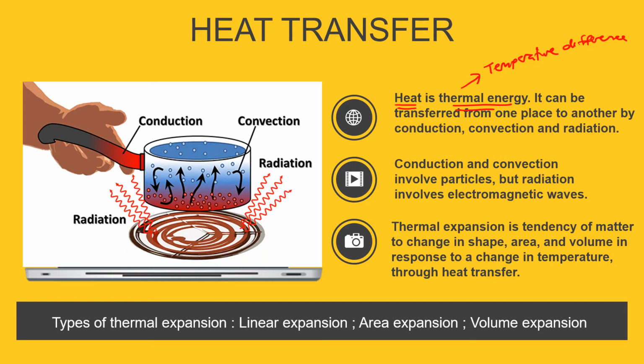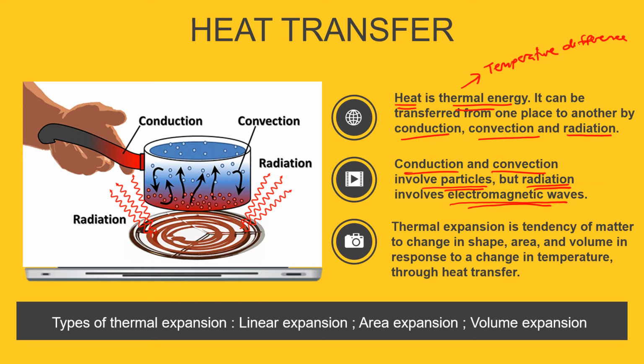When there is a transfer of energy, that is known as heat transfer. Thermal energy can be transferred through conduction, convection and radiation. Conduction and convection involve particles. Radiation involves electromagnetic waves.